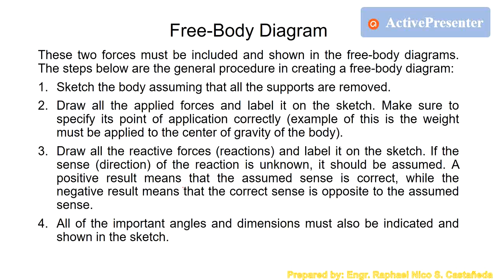The third one is to draw all the reactive forces, or what we call the reactions, and label them in the sketch. If the sense or direction of the reaction is unknown, as in most problems in equilibrium analysis, where there is no final direction yet, you must first assume a direction for the reaction.